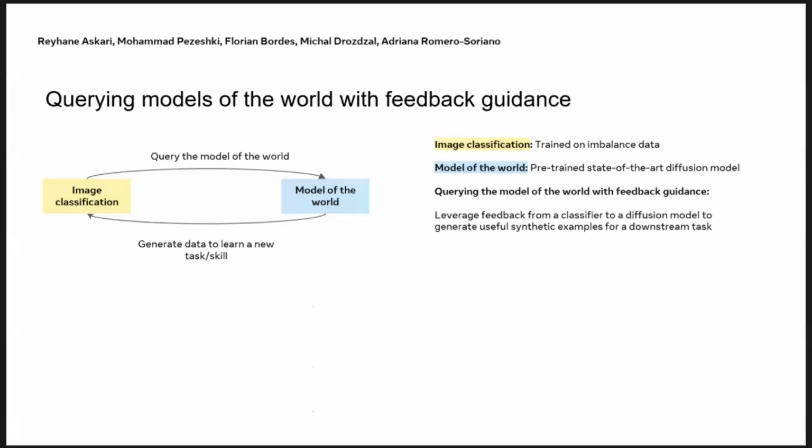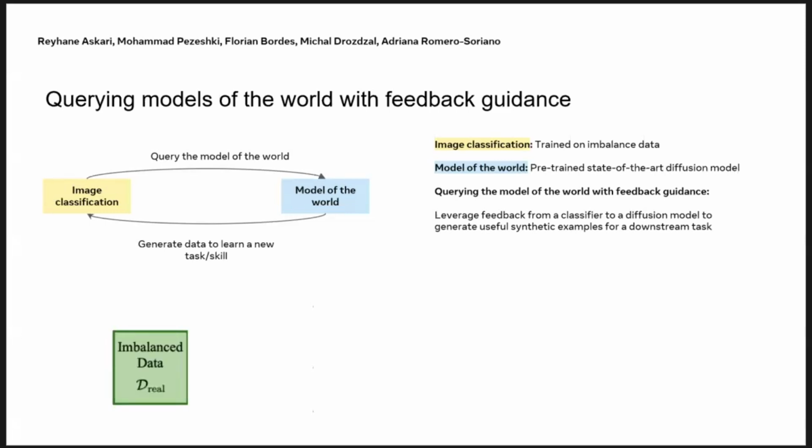In this case, we consider a pre-trained state-of-the-art diffusion model. As the querying mechanism to get samples that are useful for the image classification model, we introduce the concept of feedback guidance. We leverage the feedback from a pre-trained classifier to the diffusion model in order to generate samples that are useful to improve the performance of the image classifier.